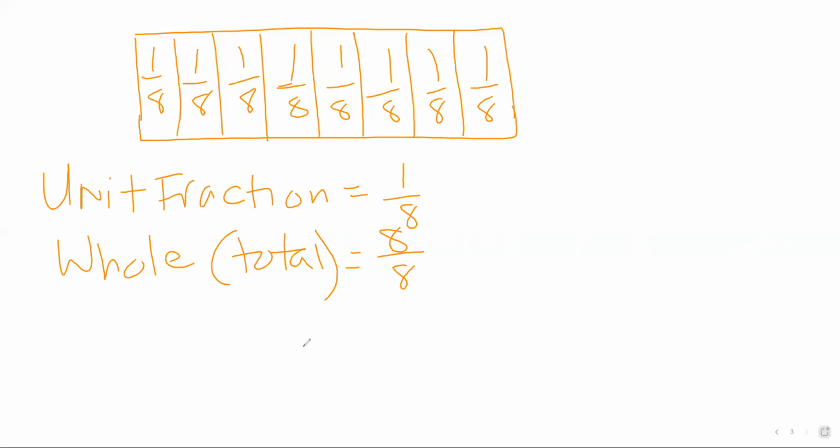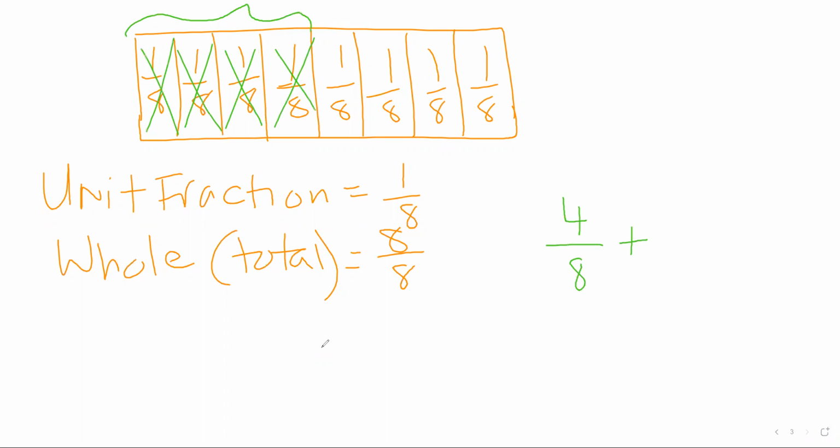Now, let's talk about this decomposing. If we think about this model up here, we could break apart this model in any way we desire. So I might just take these first, which is 1, 2, 3, 4. That would mean I would have 4/8. And if I added that to, let's do 3, we can break it into 3 different parts.